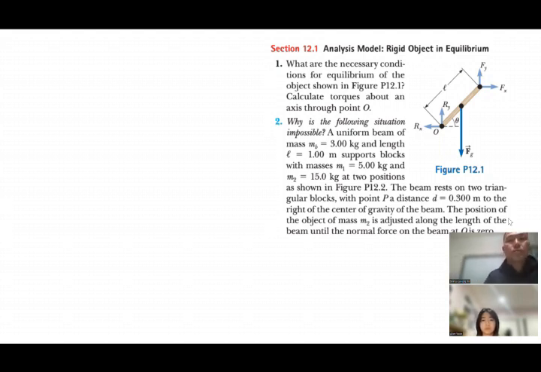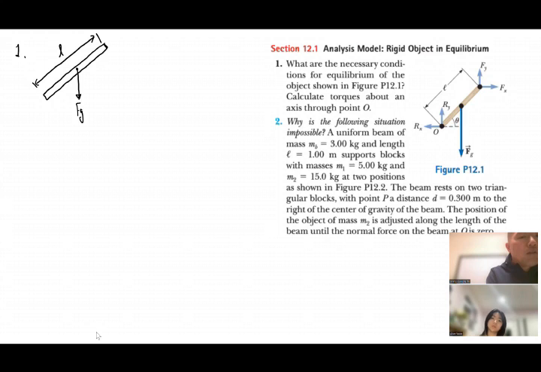So now let me redraw the picture. Number one. You have the rigid body, the rod, and that's L. The center of mass is the middle of the rod, and it has gravity downward, so Fg is m times the gravitational acceleration constant.